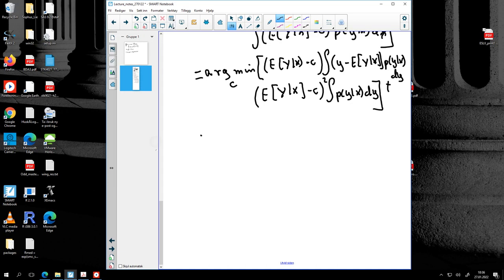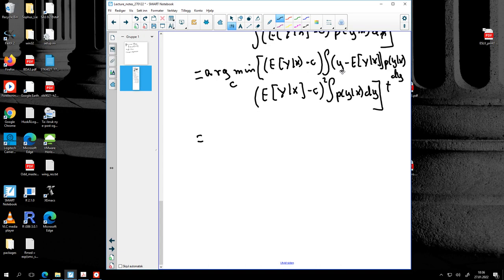Okay, but then if we now look at this first integral, what is the integral of y times p of y given x? Well, that's just the expectation of y given x. So perhaps I should go through that.